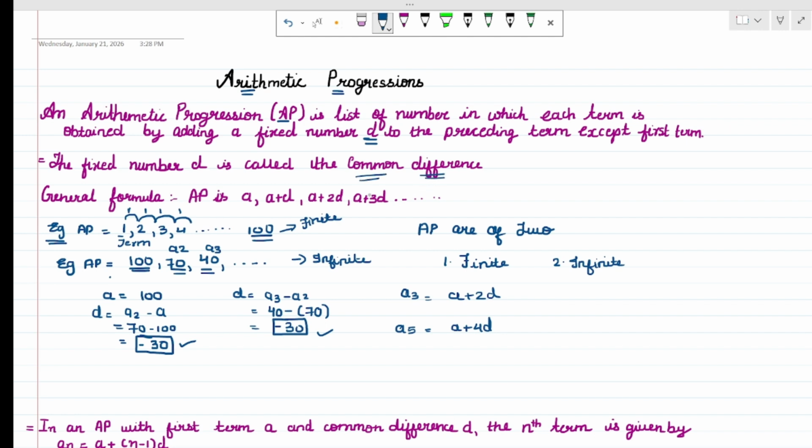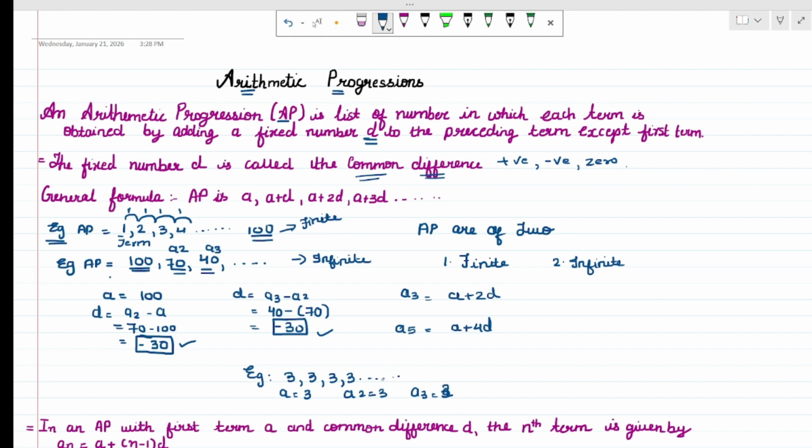Remember that it can be a positive number, a negative number, or it can be 0 as well. Let's take another example: 3, 3, 3, 3. In my case, A equals 3, A2 equals 3, A3 equals 3.